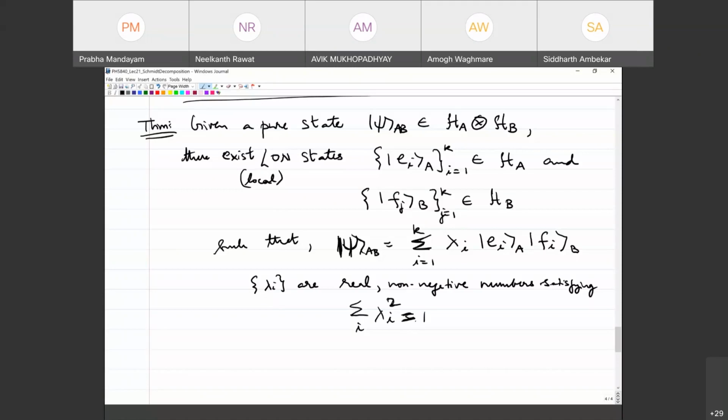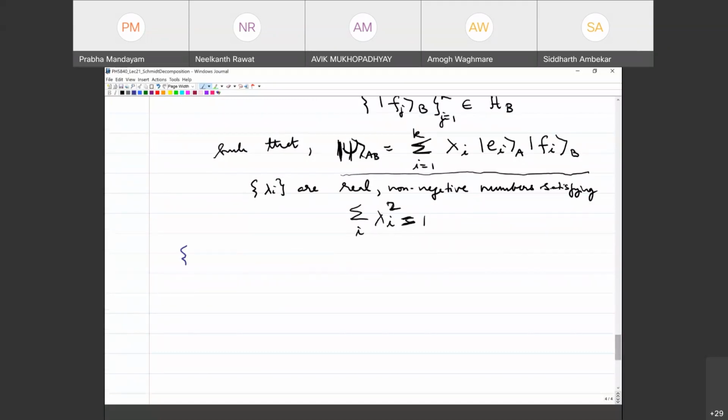Okay? So this is a special way of writing a bipartite state, such that the entanglement content in that state is manifest. This particular set lambda I are called the Schmidt coefficients.